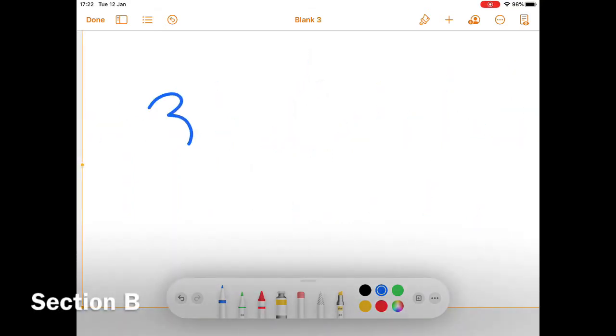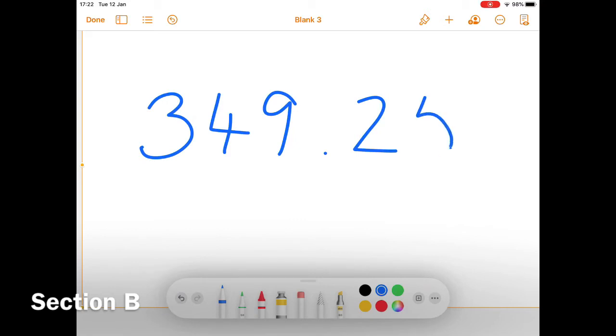So when it comes time to do your worksheet, the first thing you have to do is identify the value of a digit in a number, okay? So say we had 349.25, and the 0.2 is underlined, the tenths column is underlined.